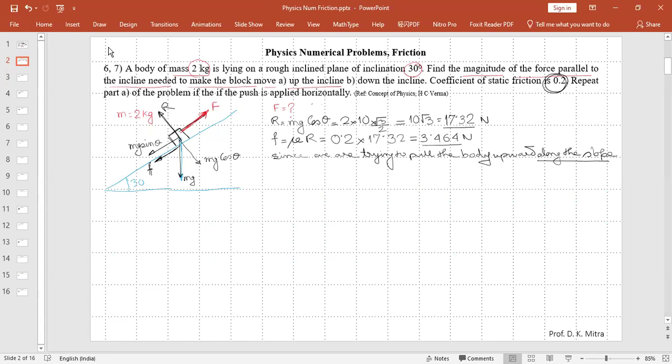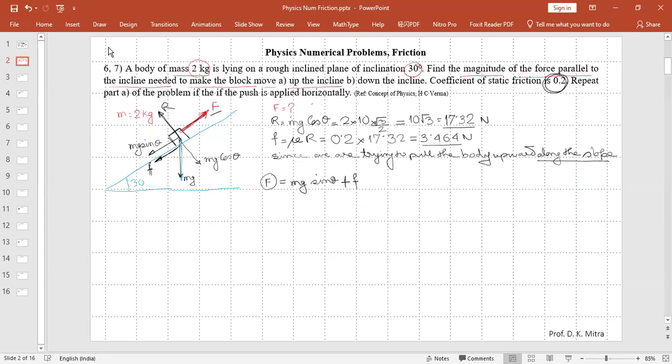Now forces along the slope: upward force is F and downward force is mg sin theta plus small f, the frictional force. So when this F will be just equal to mg sin theta plus f, the force F will start pulling it upward. And that is what they want to know.